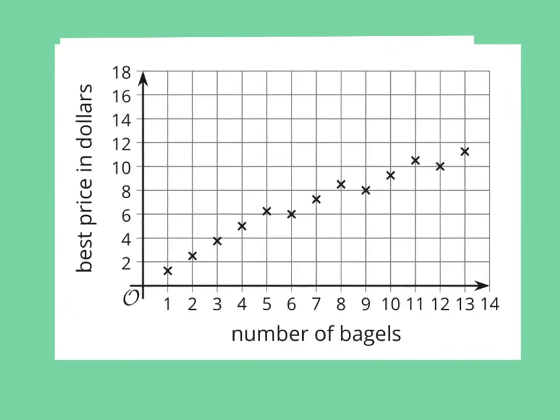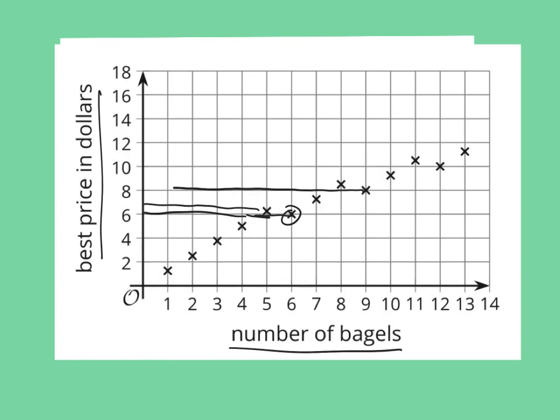Right? So best price on the y-axis, number of bagels on the x-axis, and you'll notice that 6 bagels actually costs less, $6, than the 5. Same with the $9, or 9 bagels. Costs less than if you bought 8. Right? So just interesting to look at this in a graphical fashion.